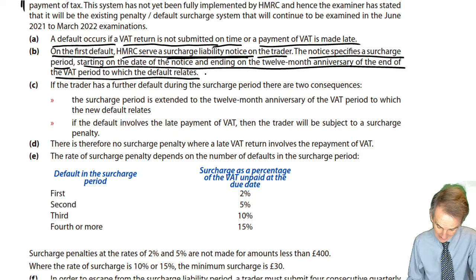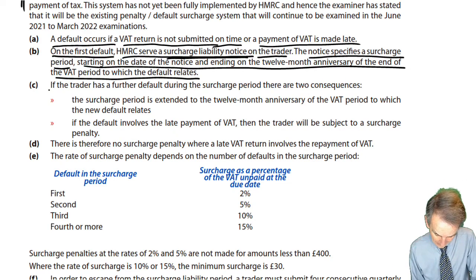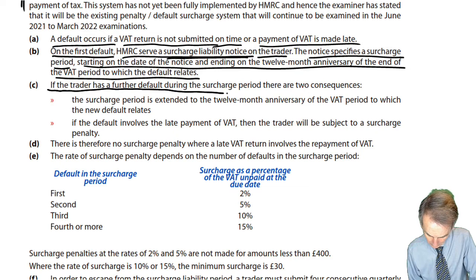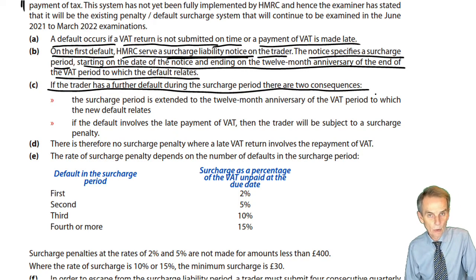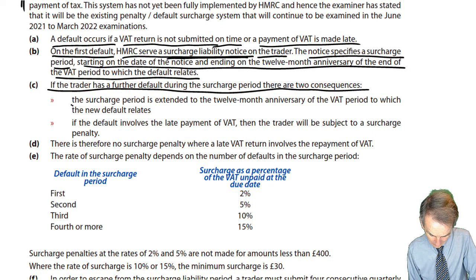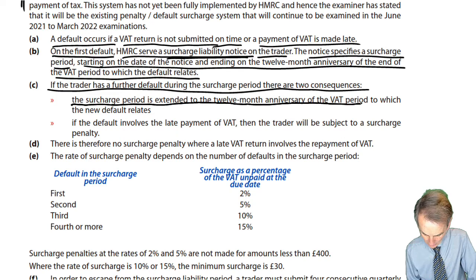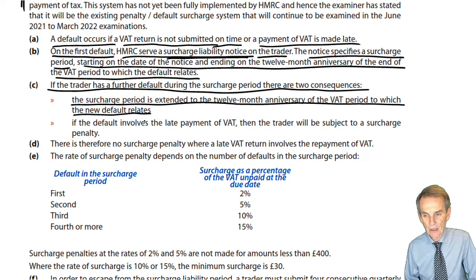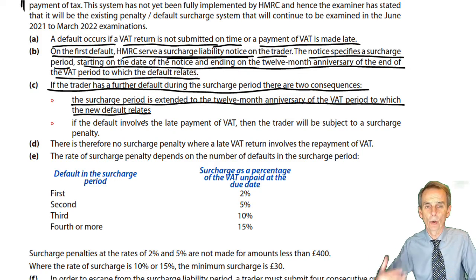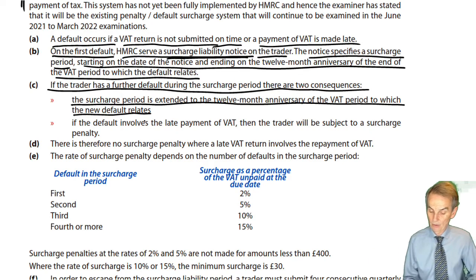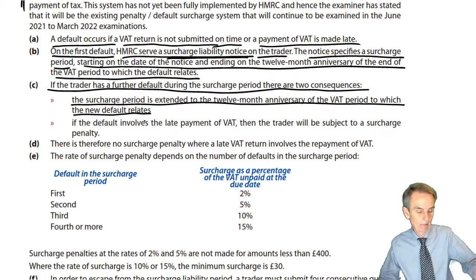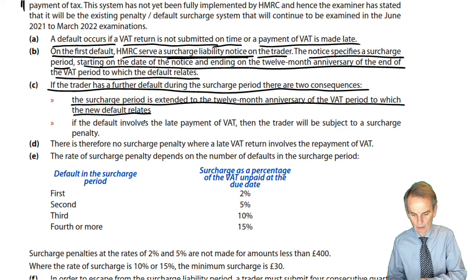So if the trader has a further default during the surcharge period, there are 2 consequences. The surcharge period is extended to the 12-month anniversary of the VAT period to which the new default relates. So we start the 12 months all over again. You might have gone through the first 12-month period, therefore 4 return periods.